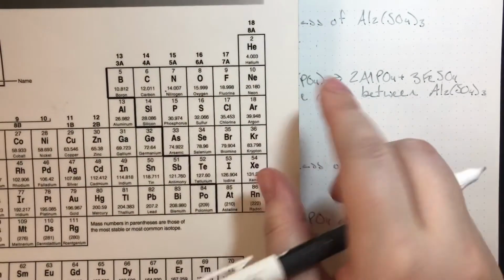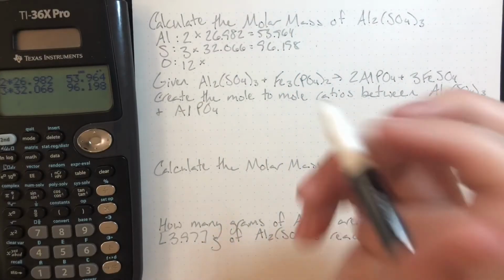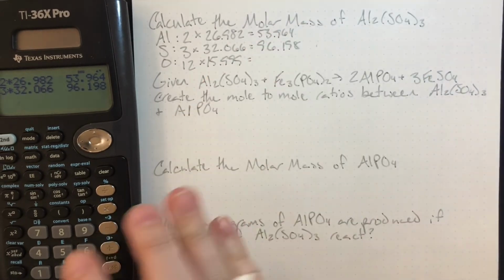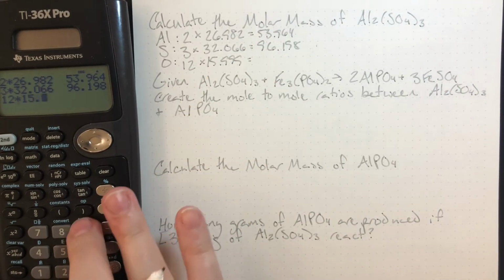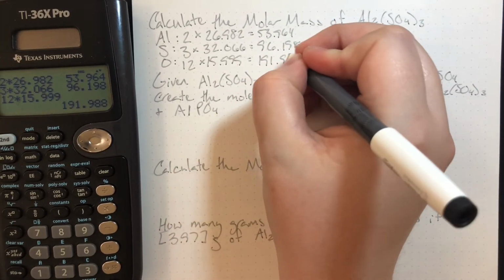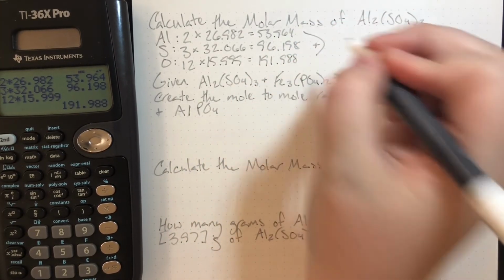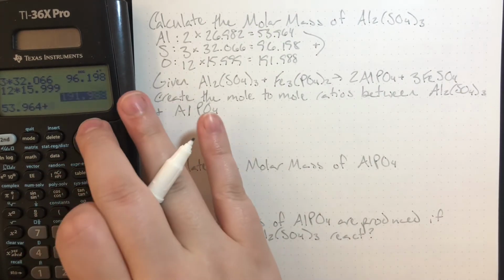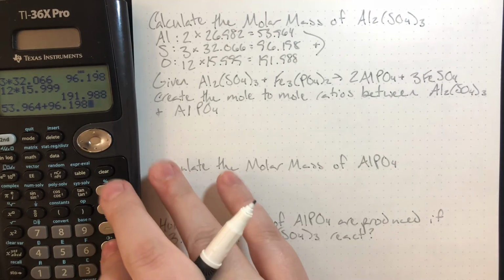Oxygen's mass from the periodic table is 15.999. 12 times 15.999 gives me 191.988. Whenever I add all of these up, that will give me my molar mass of aluminum sulfate.